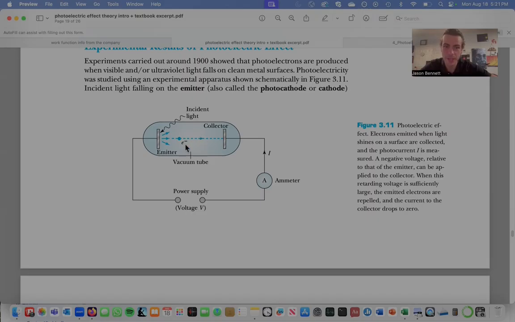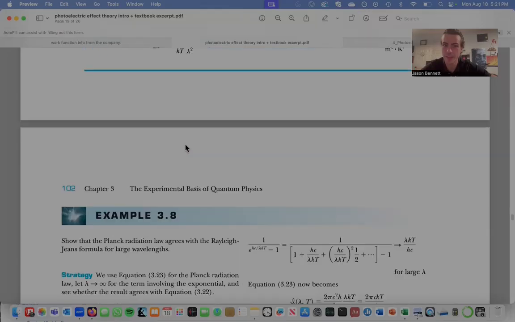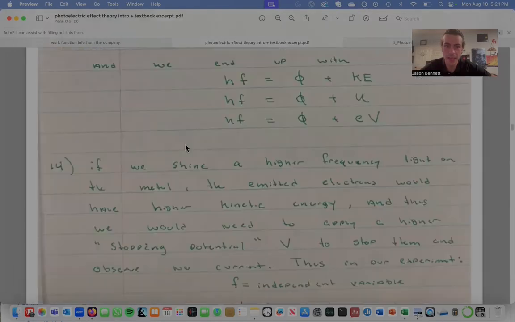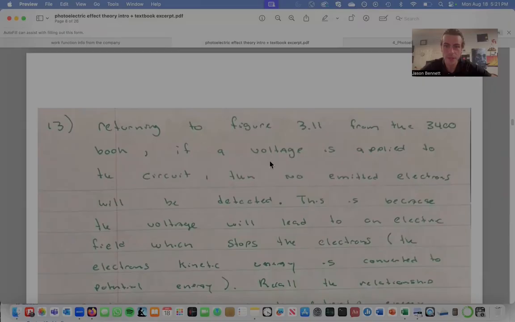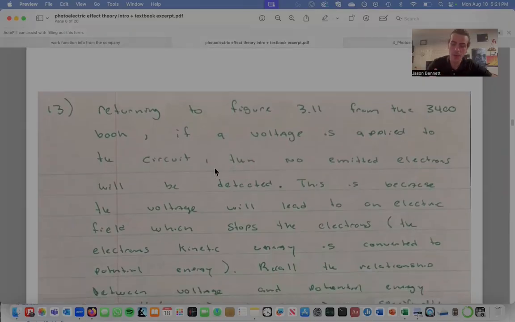Because these are electrons, they're charged particles, they're going to interact with an electric field. If you apply a high enough voltage, you will stop the electrons because that voltage will lead to an electric field. And if they're emitted with some speed, they have a fixed energy.